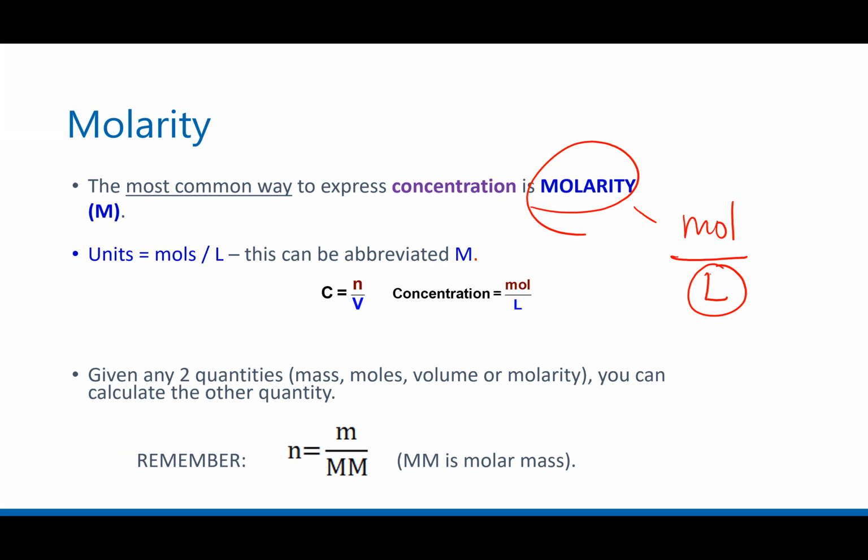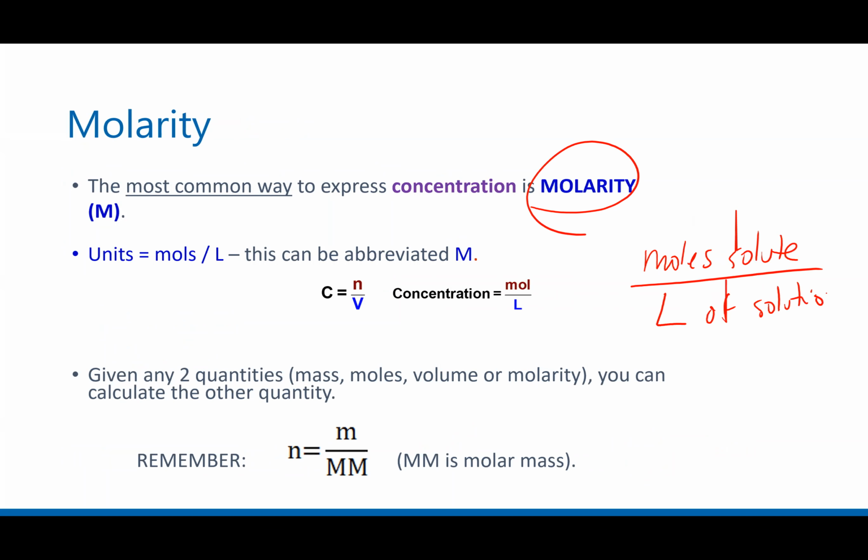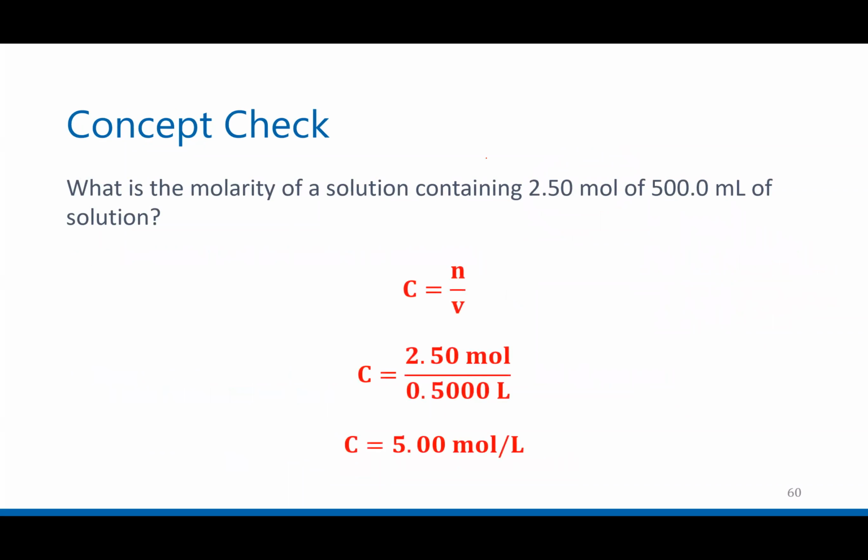So we would take the moles of our solute and divide it by the liters of the solution. So moles of solute over liters of solution. The key word there is solution, meaning it's not the solvent, it's the final total amount of volume that we have. And we're going to do this in lab number 9.